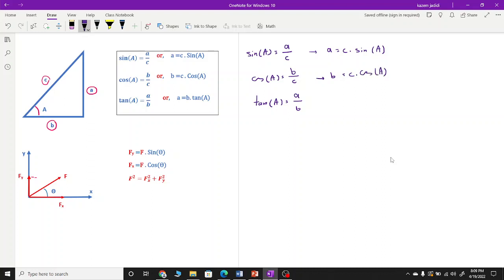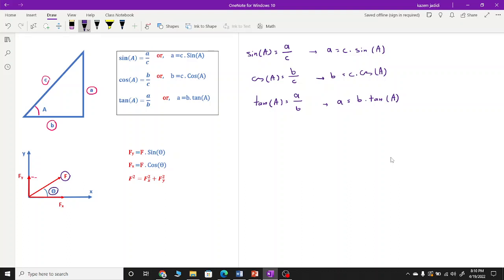So the adjacent side is C times cosine of angle A, and A, if you have tangent, is equal to B times tangent A. Now, in statics, we are not going to deal with A, B, C. Instead of that, we will have forces. So I have a force in here, which is F, and I use theta to show the angle.